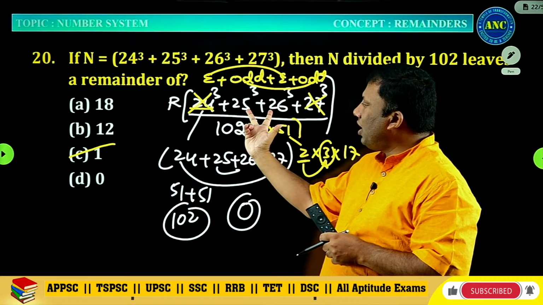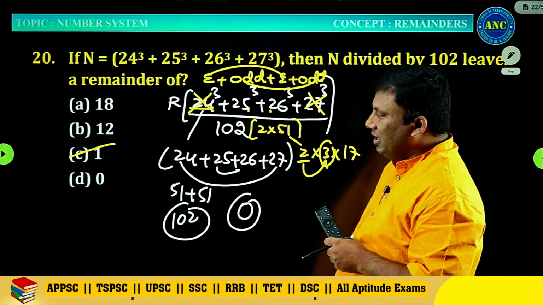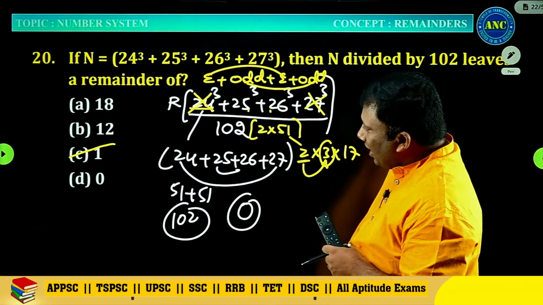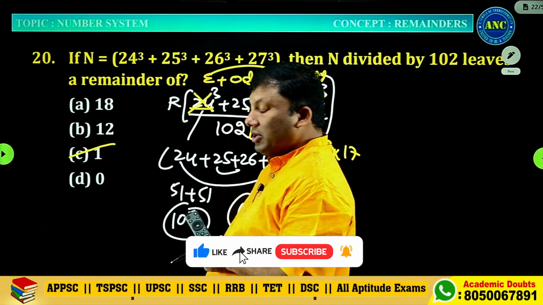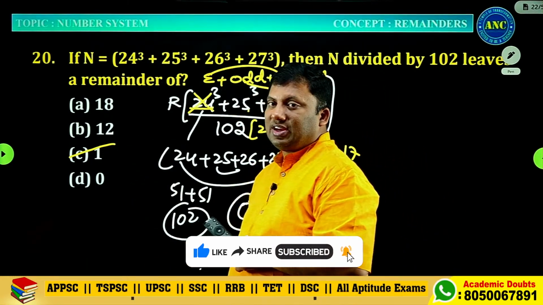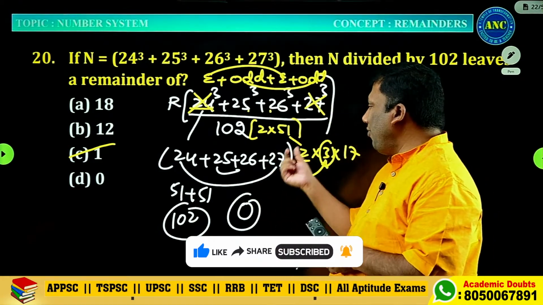That means these two are divisible by 51, which is divisible by 3. That means the answer is perfectly divisible by 3. Two options are kept. Are you all with me?